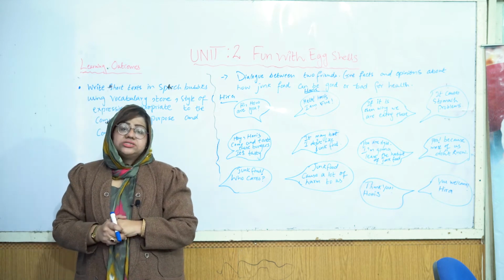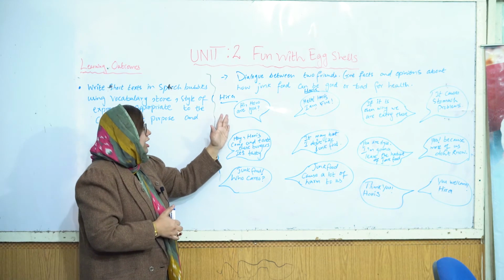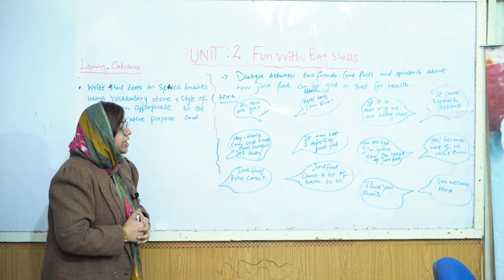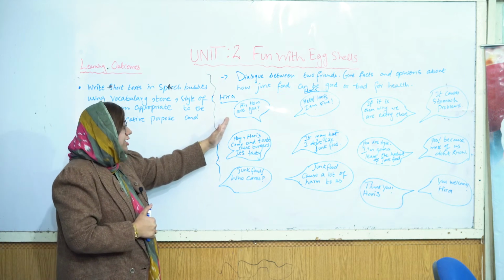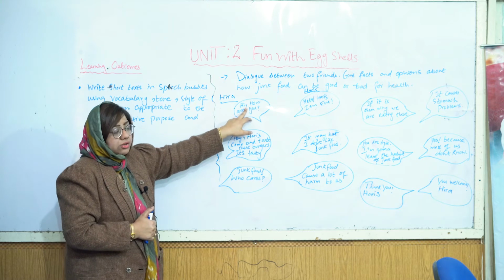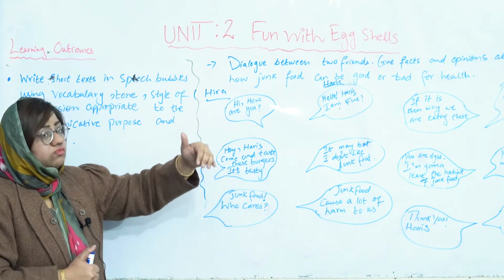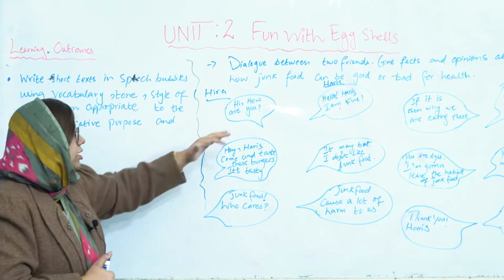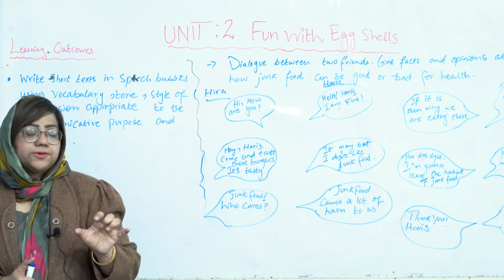Now look at the concept board. Here first is a conversation between Hira and Haris. Hira says, Hi, that is a comma. What is this called? That is a comma after that because she wants to greet someone. How are you? At the end, use of a question mark.